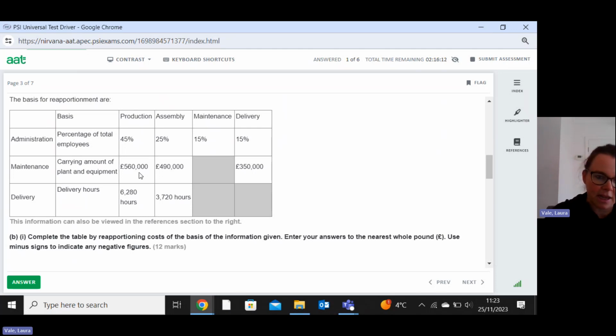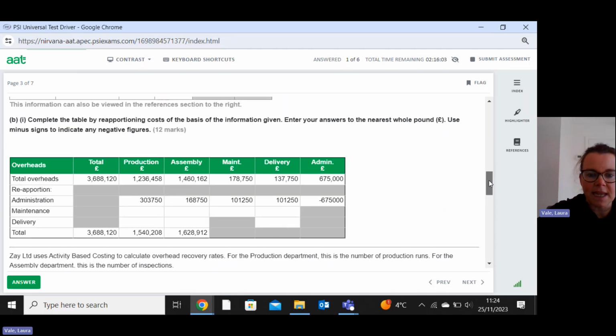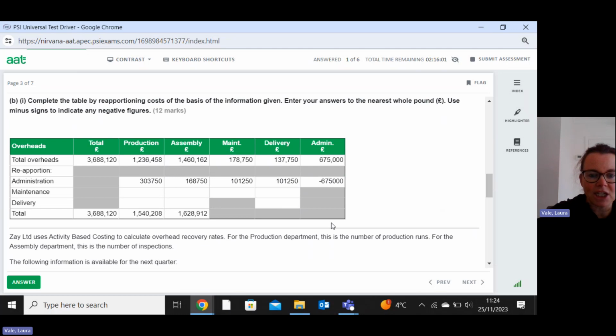So I'm basically doing 560 divide by 1400, which incidentally is 40%. And then I times that by the figure that I'm trying to dish out. Now be careful here, the figure you're trying to dish out for maintenance is the sum of your total overhead plus that reapportioned administration. So the sum of those 2 figures is 280,000. So it's that figure.